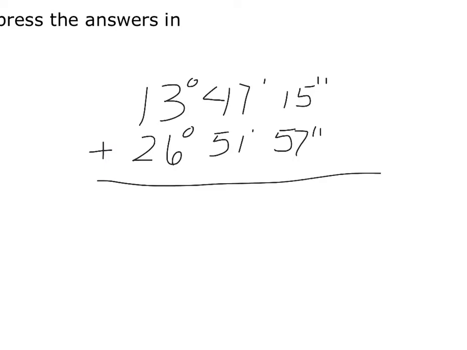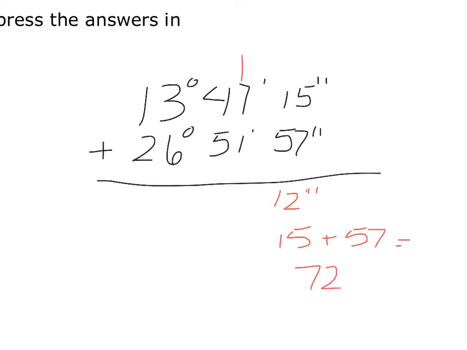So I'm going to add 15 plus the 57. What is that? 72. Is that okay to write 72 seconds? No. So I pull off a 60, and so I get 12 seconds. And I add 1 to my minutes.